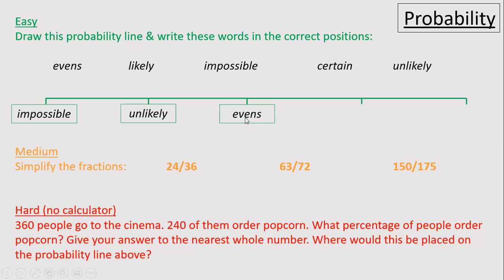So, for example, a boy or a girl, there's two options. So that's generally a half chance of a child being male or female. Next, you've got likely, something that's likely to happen. So, the sun will show today. It's something that's likely to happen.